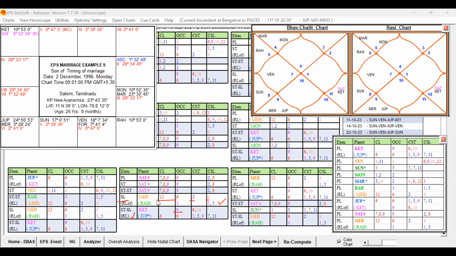Seventh lord is having that Mercury, but look at that Mercury. If you see here in the birth chart, you can see Mercury is in the sign of Jupiter and conjoined with the Jupiter. So the Jupiter is the strong, favorable key planet, right? Though 6 and 6, but 1, 5, 9, 7, 11. So that Mercury is conjoined with the Jupiter, right? That is good.